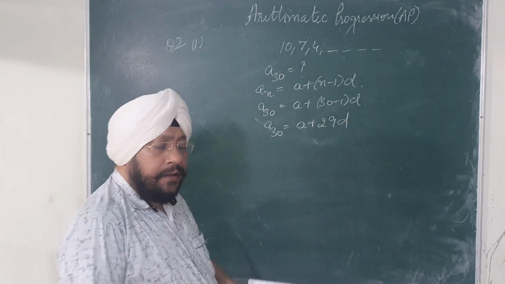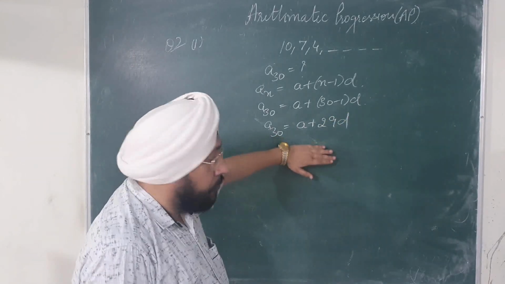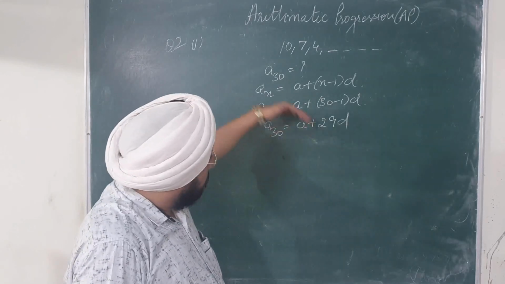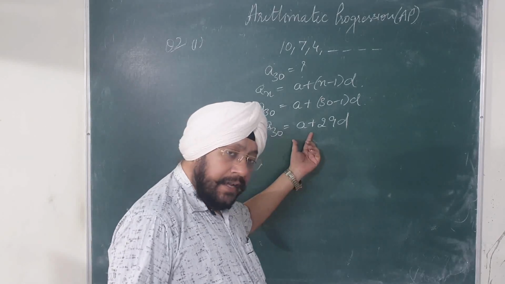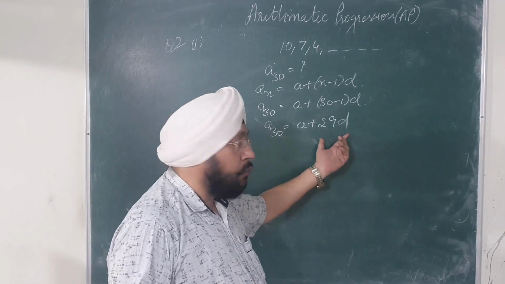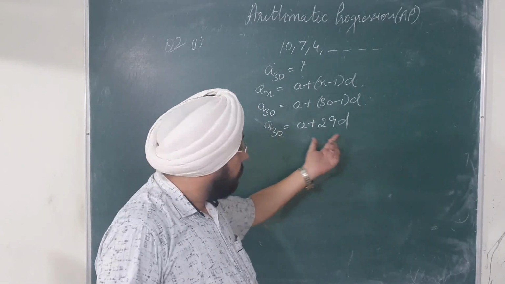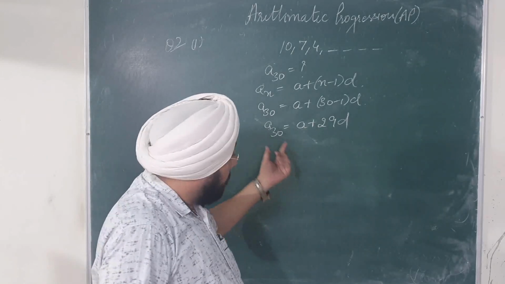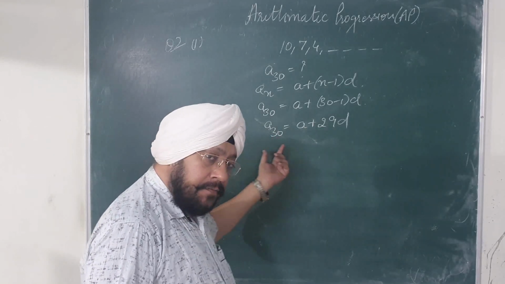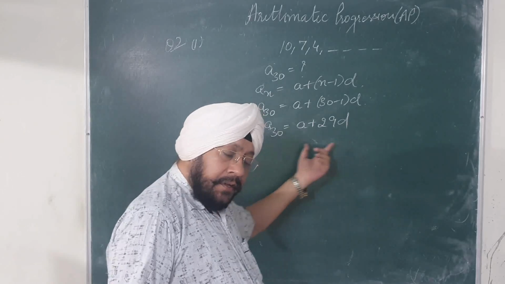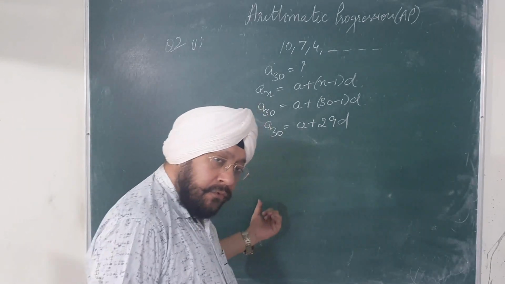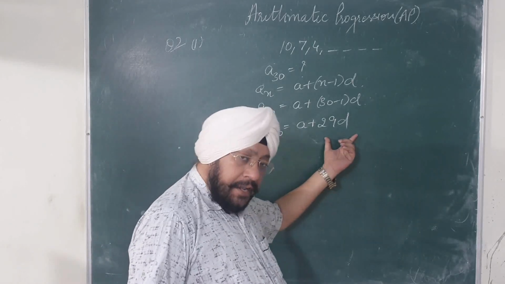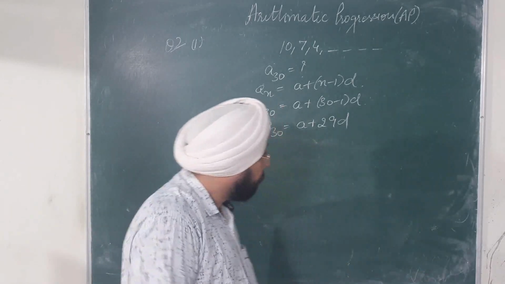If we want to apply the formula directly, a should be taken as such and we take one less than the term number for d. If we have to find the 30th term, take 29d. If we have to find the 16th term, take 15d. If we have to find the 10th term, write 9d. So you can take it directly also.